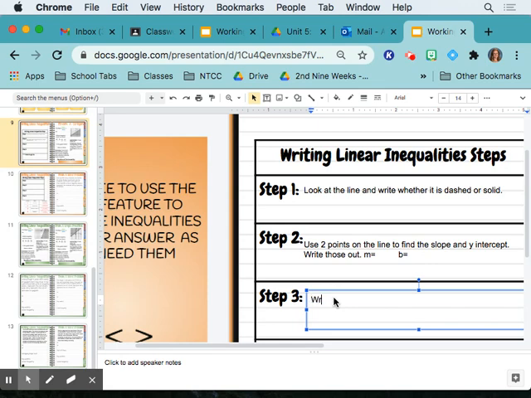Step three, write the equation without the inequality symbol. So you'll write it as y, then put a little space, mx plus b.